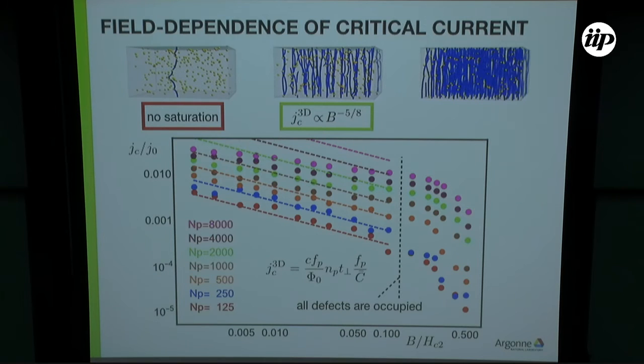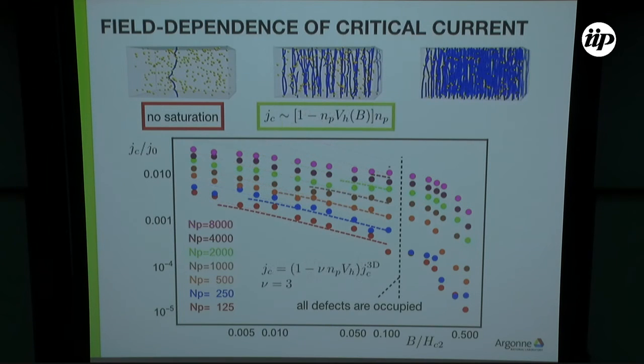But as I explained before, we know that we have corrections which we have to take into account because of density corrections of defects. And if I insert these corrections, then we see that for a much larger field and density range, we have a very nice agreement between the simulations and the theory.